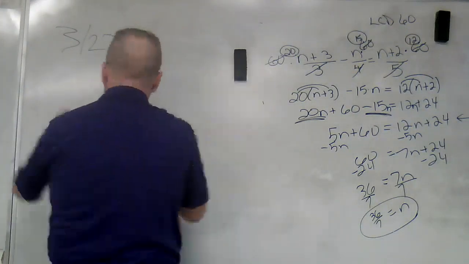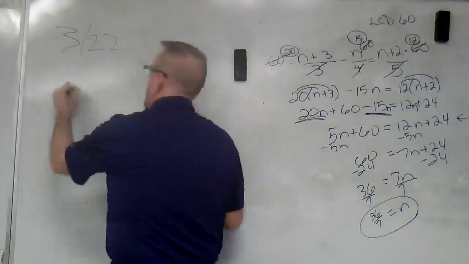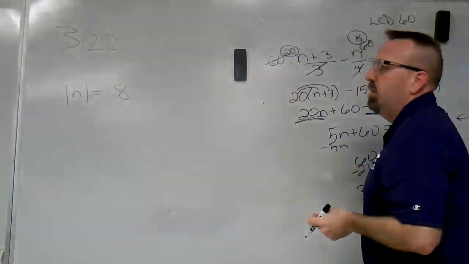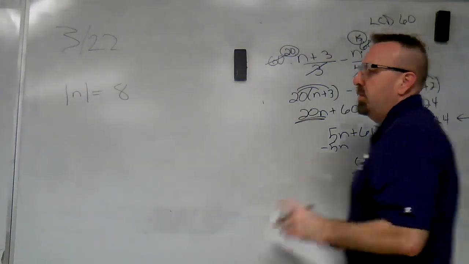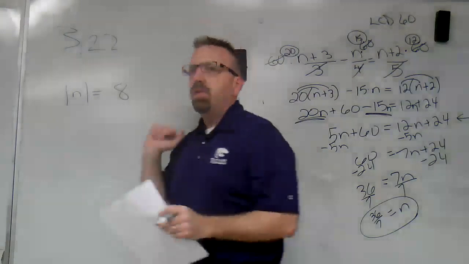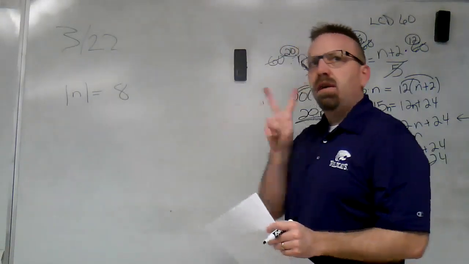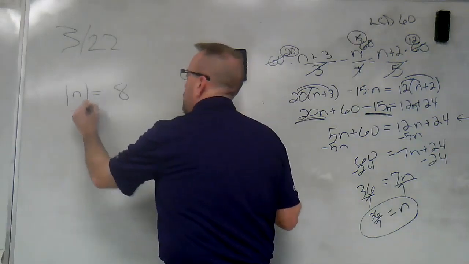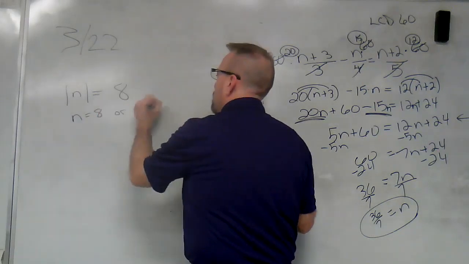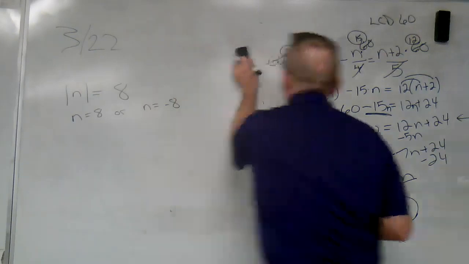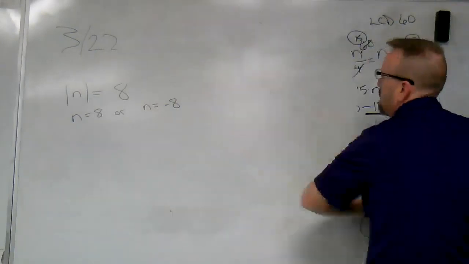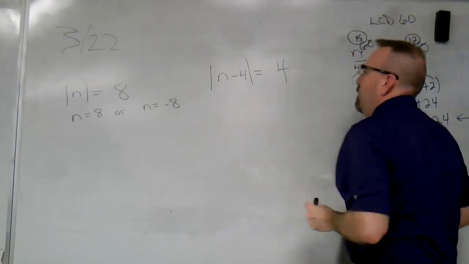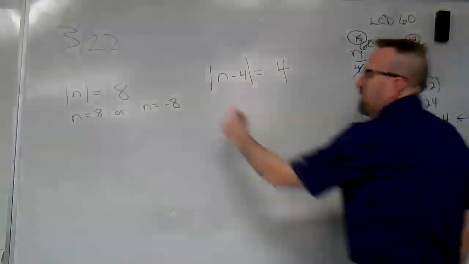All right, the other thing we're going to see. If we have the absolute value of a number, how many numbers are 8 units from 0? 8 and negative 8. So the simple one, let's start with this one. Equals 8 or equals negative 8. So we then use that. Let's say they have this. We set up 2 equations.